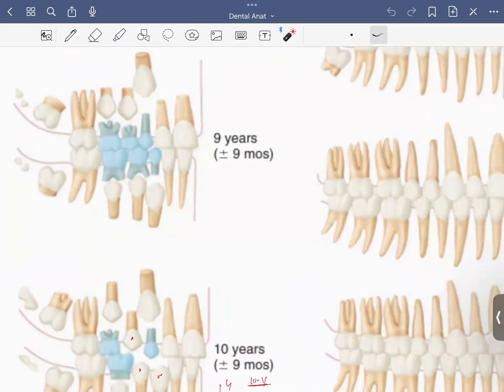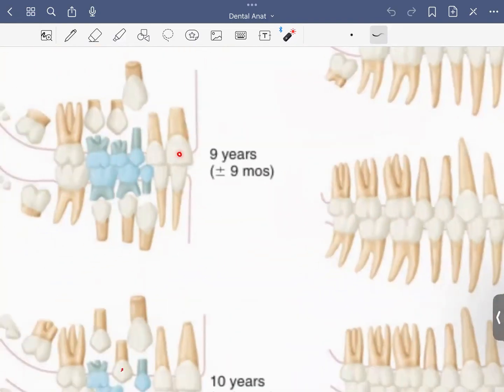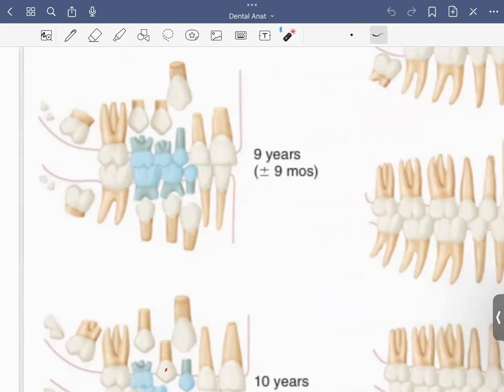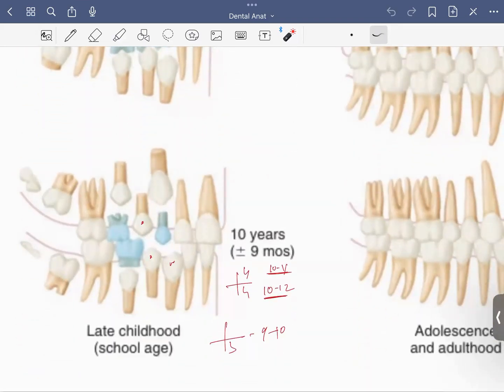Next, 9 years. What will you see at 9 years? By 9 years, both the centrals and laterals have erupted and they are into occlusion. At the same time, the canines 3, 4, and 5 have not yet started erupting. So that will be 9 years plus or minus 9 months. Now, when you see the mandibular canine and maxillary and mandibular first premolars erupting, that age group will be 10 years plus or minus 9 months.